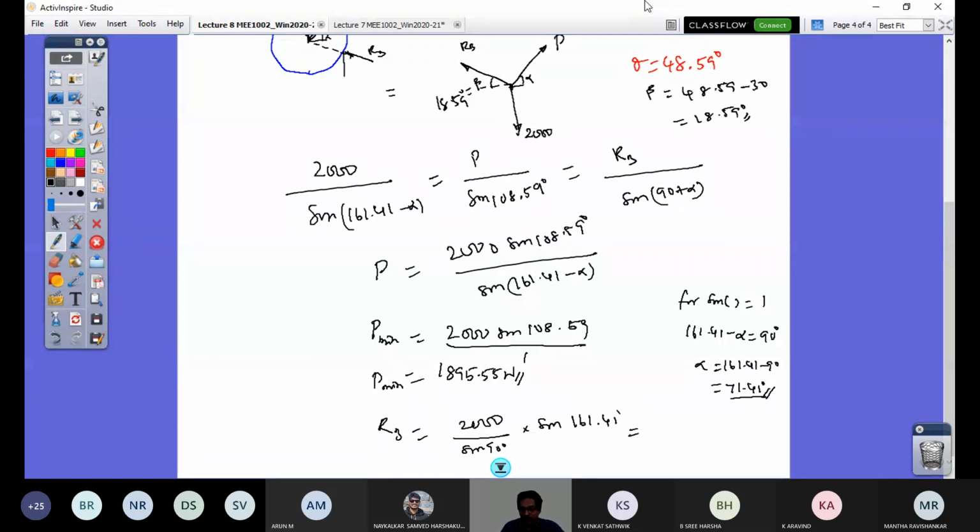That's going to be sine 161.41 into 2000. That's equal to 637.6 Newton. That's the reaction. So this is how you would solve this problem.